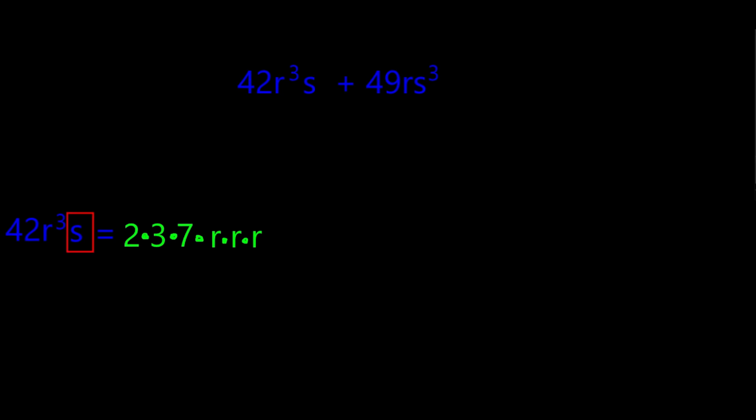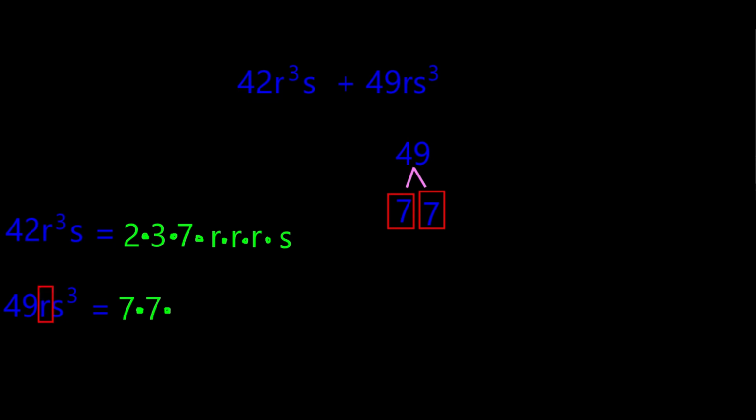This is a single s, so we multiply it along. The prime factors of 49 are 7 and 7. We multiply it by the term r, along with s times itself 3 times.